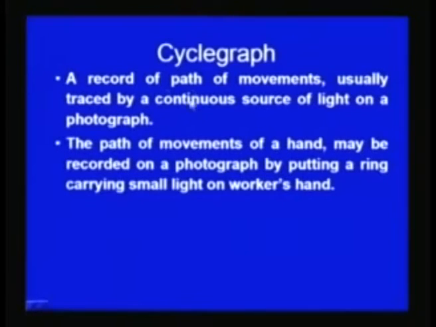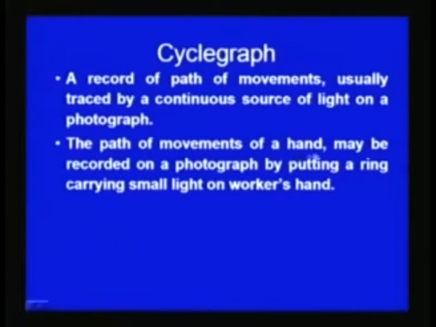Cycle graph is a record of the path of the movements, usually traced by a continuous source of light on the photograph. So, a continuous source of light is used to trace the path of movement of either body parts or of the human being in the course of production.